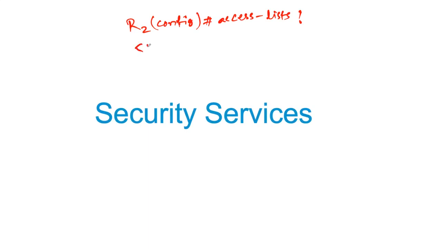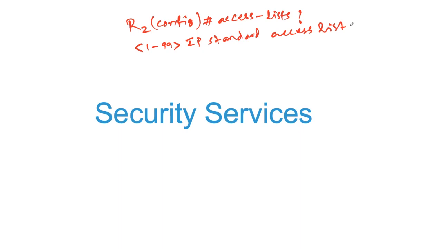The numbers from 1 to 99 are used for the IP standard access list. So this IP standard access list is used, meaning if any number is associated with any of the hosts, only those hosts can be accessible.